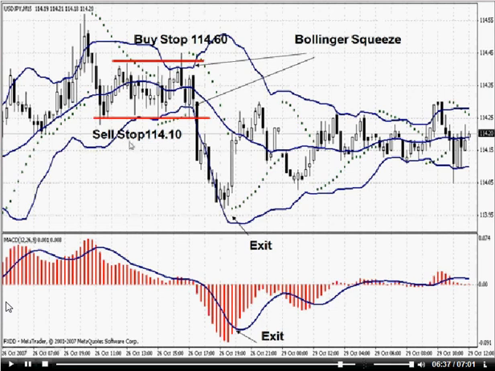So the sell stop order gets executed. Currency goes all the way down. Now you wait for the parabolic dot from above to go below and a MACD crossover at the bottom. At that point, you will exit. So this is our PIP explosive profit technique.